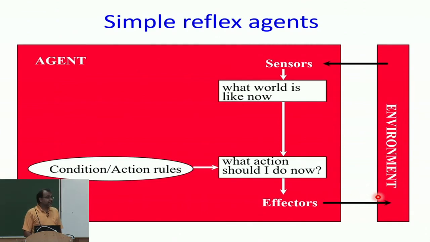For example, let us say I model only this much in the world. I have the sensors which tell us what the world is today at this moment in time. Let us say I make some rules, if this then that, and let us say I go in the order of the rules.